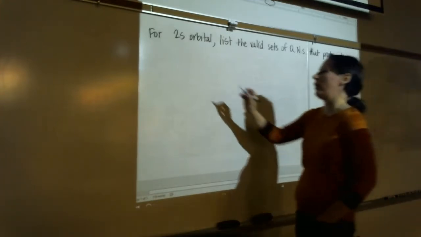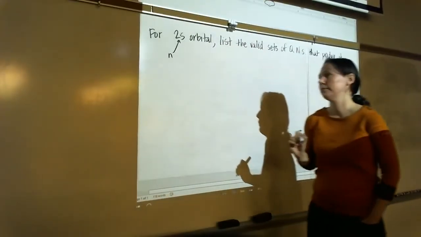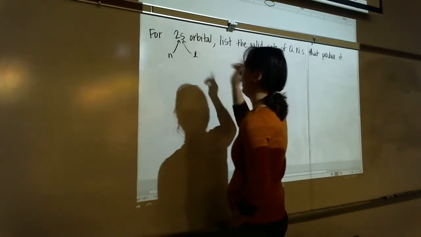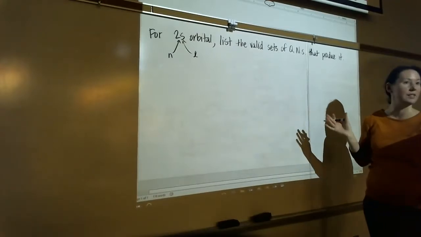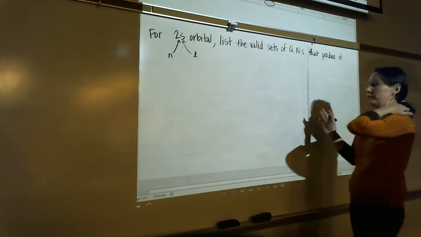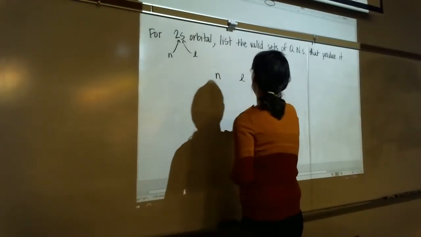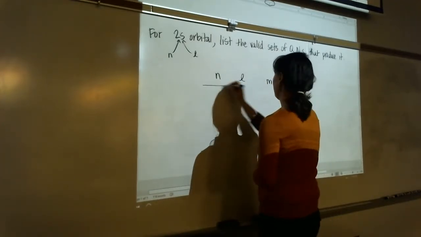Okay, the value up here in the front, this is the value of n, and s, that's the value of L, right? We're going to make ourselves some lists of quantum numbers. If we've got a 2s orbital, that means n equals 2. So let's make ourselves a chart: n, L, m sub L, m sub s.